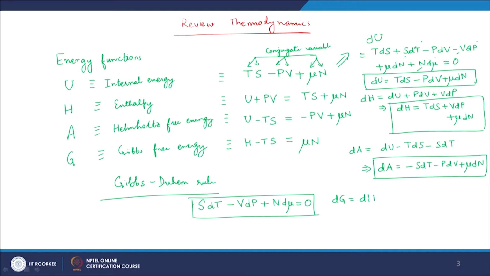So, it is dH minus d of Ts, that is T dS plus S dT. So, we got dG is equal to minus S dT plus V dP plus mu dn.